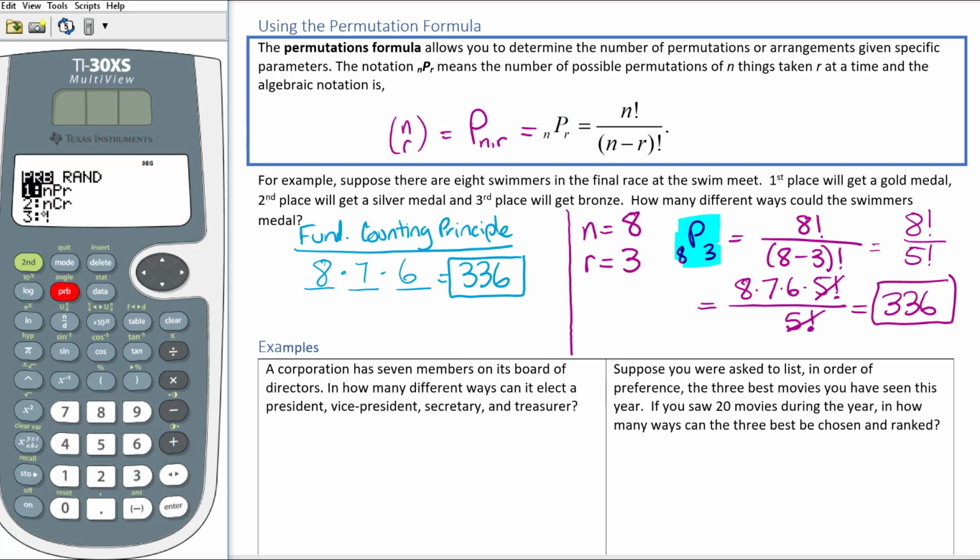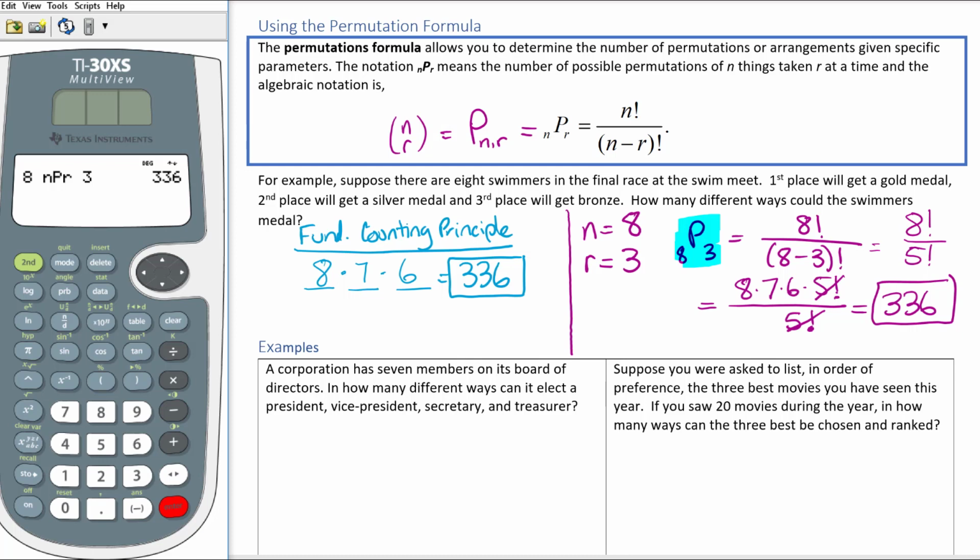That's the same button where I found my factorial. And then I'm going to choose the first choice, which is nPr for the probability. And then I type 3, and I hit enter, and I'm still going to get 336. So yes, you have to show your work, but you can also check in your calculator and just type it in if your calculator has an nPr.